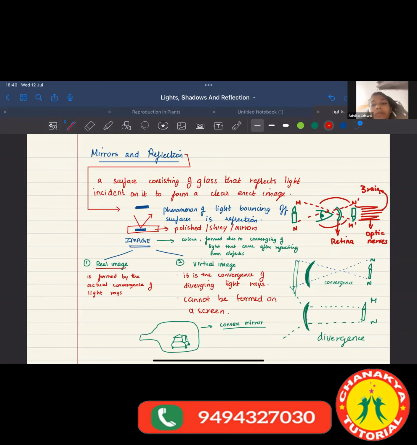I'm drawing the diagram. Yeah, take your time. I guess a lot more is left. Ma'am, I completed. What is the homework for today? Wait, there's still time, I'll tell you.